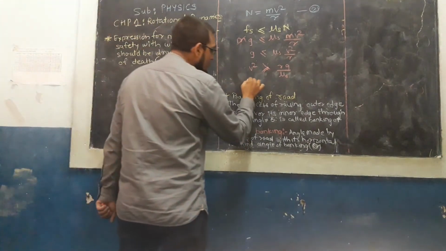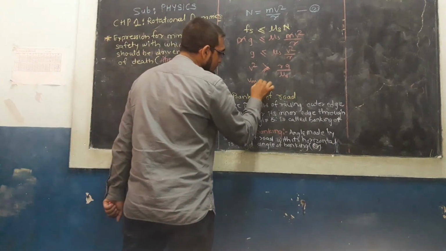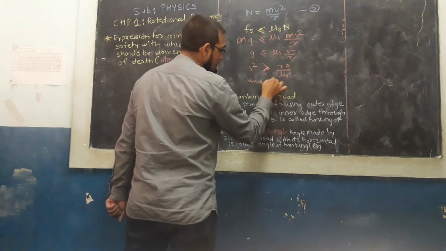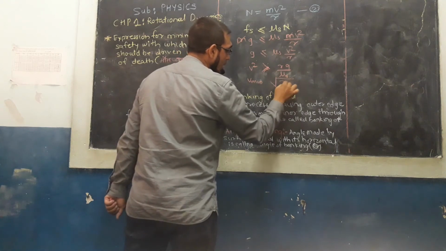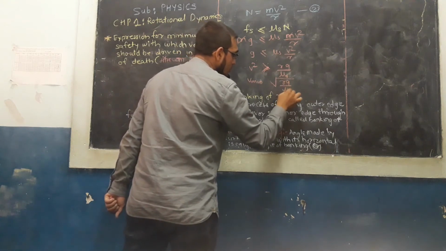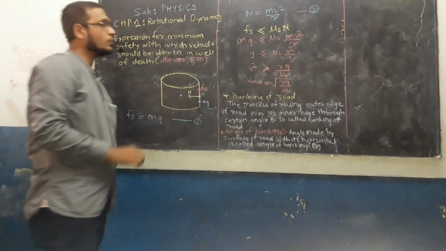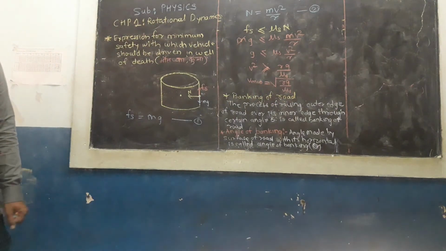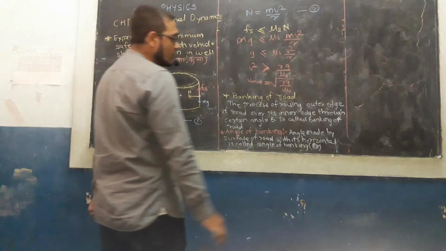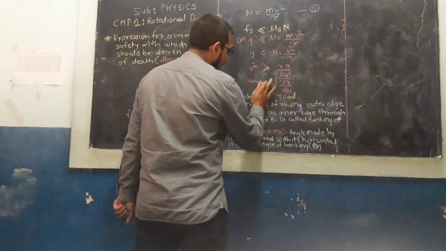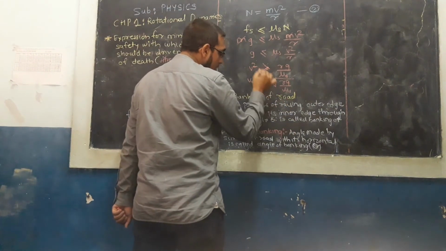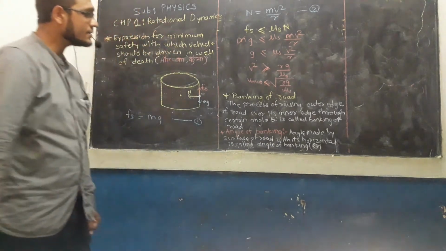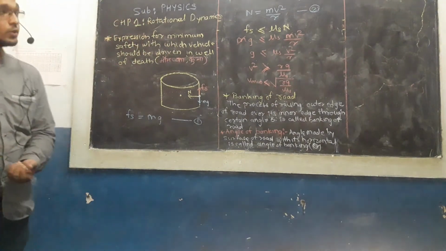So here minimum safety speed V minimum is equal to under root of rg upon mu s. You can also write here, as it is minimum speed, V minimum is equal to under root of rg upon mu s.